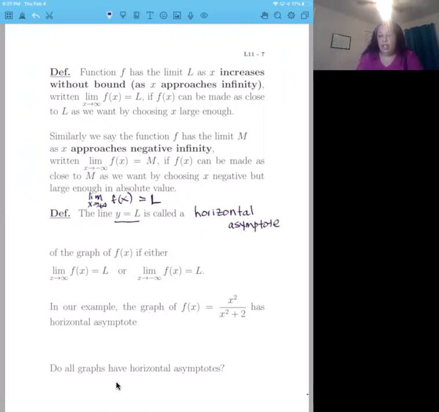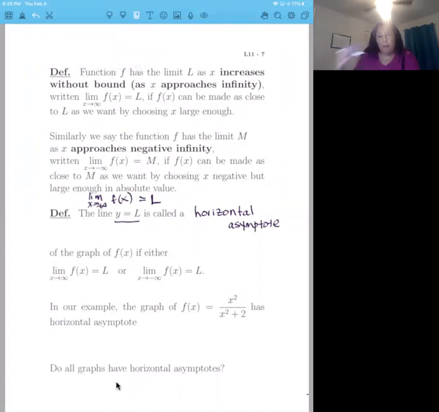You could definitely have a function that looks like, well, here's a trig function that I'm thinking of, inverse tangent. It looks like this, and there's an asymptote here and there's an asymptote here. So as it goes to positive infinity, it goes to one asymptote. As it goes to negative infinity, it goes to a different asymptote.